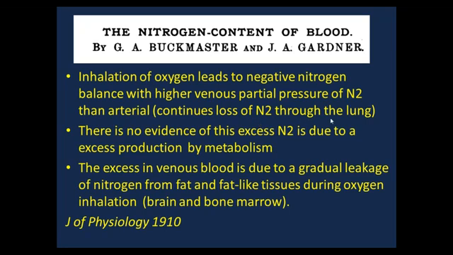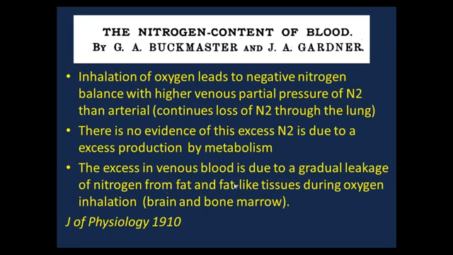So the lung is not getting nitrogen from the body, or the nitrogen is not diffused from the lung to the body, and the lung is still losing nitrogen from the body. There is no evidence that the excess nitrogen is due to excess production by metabolism. So what's the source of nitrogen in the venous blood? It is from the tissues.